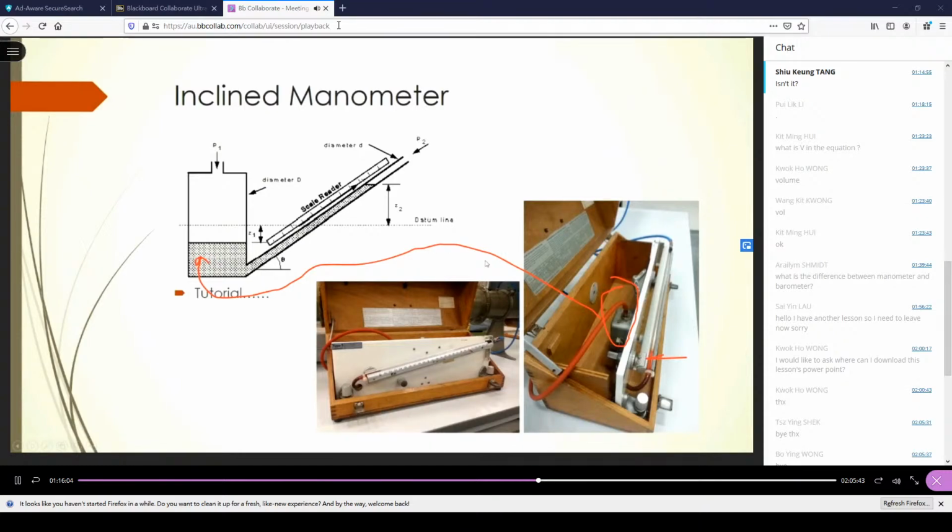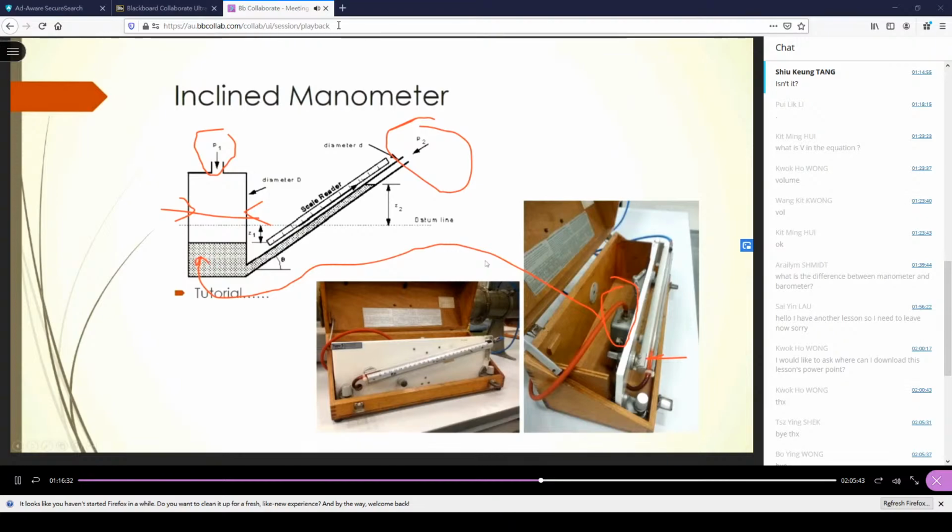Now in this inclined manometer, you can see I have two rims of different diameter. Usually for a U-tube manometer the two rims will be the same, but for this manometer it is not. It has a very big cross section here, the vessel bar, and then a small tube for you to connect to some point in the pipeline.